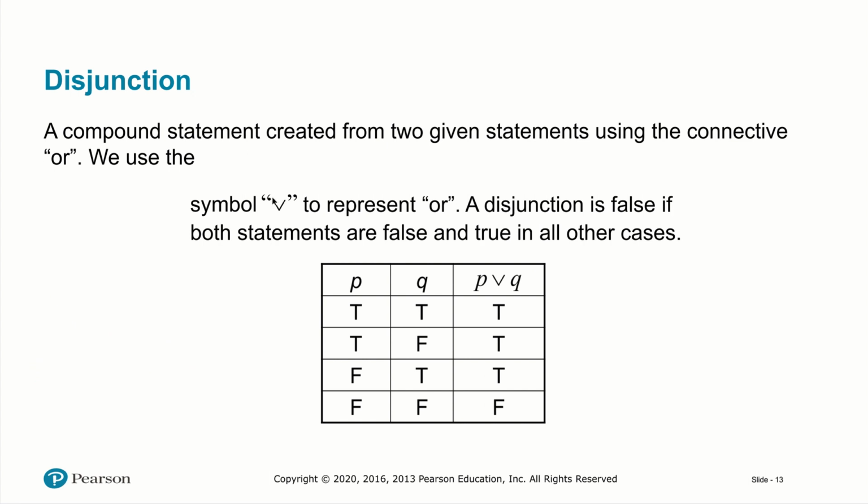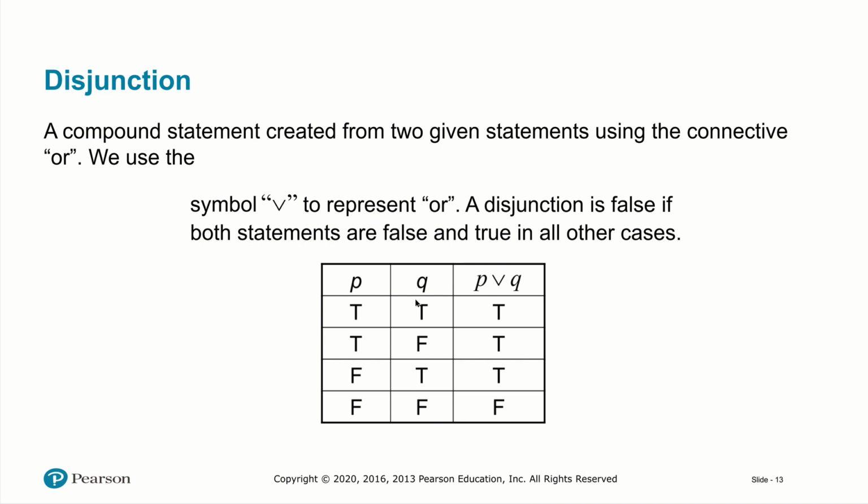We use the right side up, or actually, this would be an upside down caret, to represent a disjunction. And in exactly the opposite way to how a conjunction works, a disjunction is only false if both statements are false.